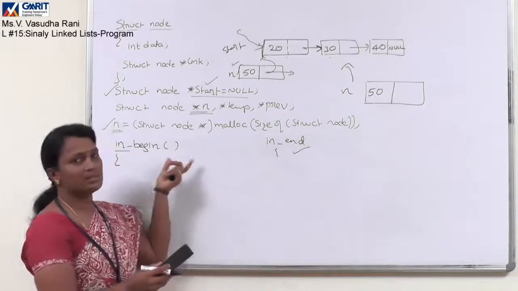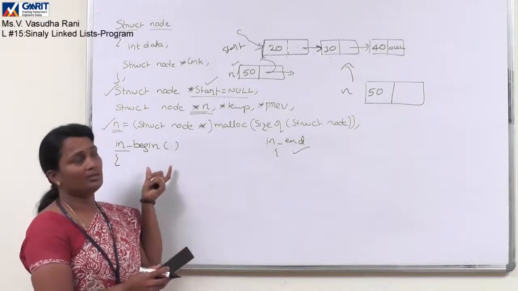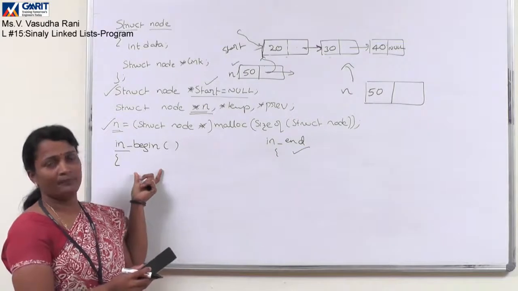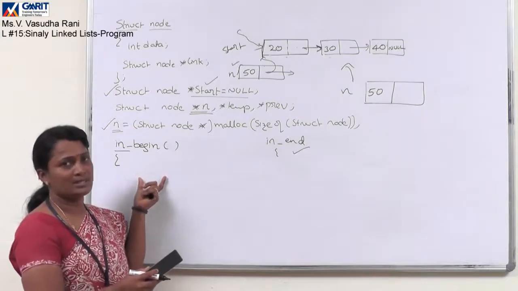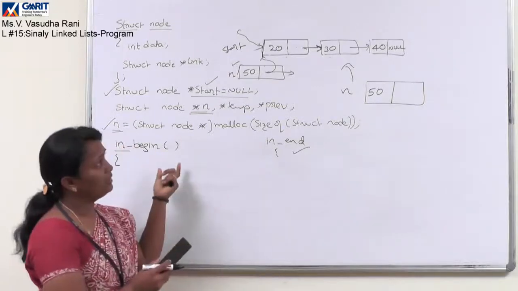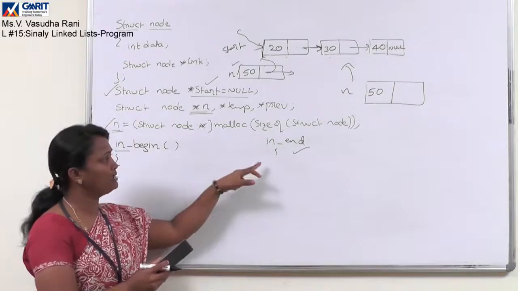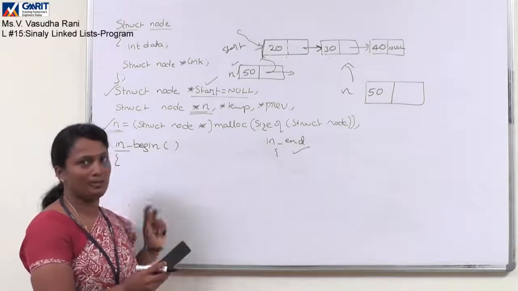In the other two insertion operations, insert begin and insert middle, if the linked list is null, we are going to give a message saying that the list is empty. There is no possibility to insert the new node. The first node to be inserted should be done through insert end only.